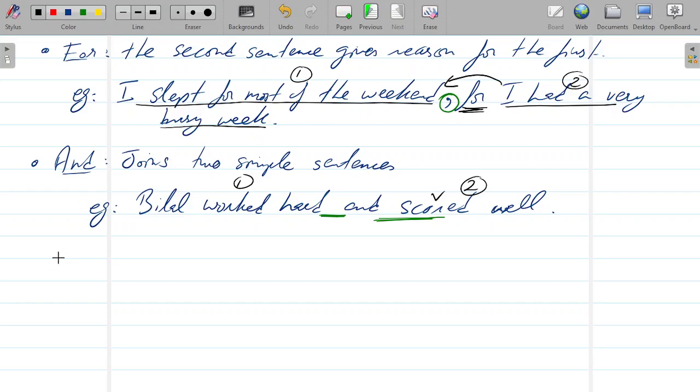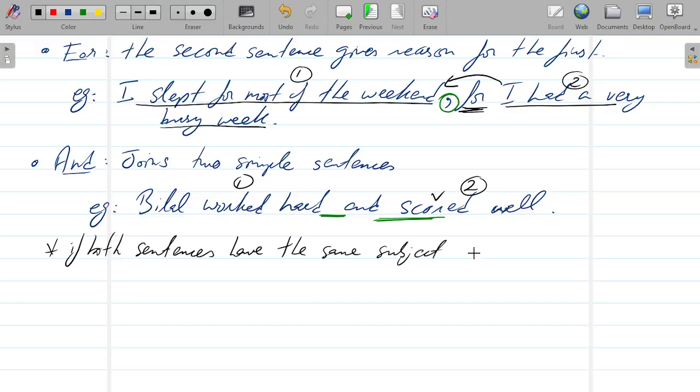And so when you have the same subject for both, it does not need to be repeated.